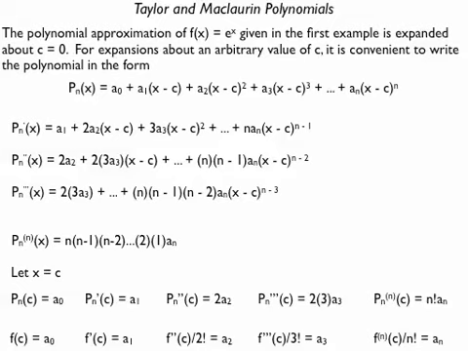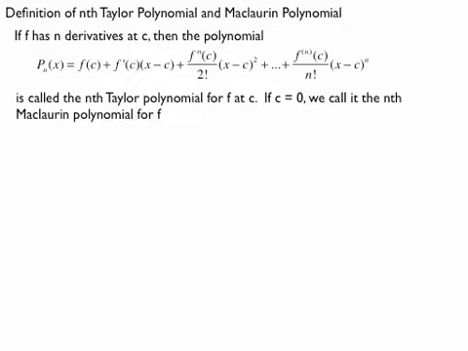Now I know this is probably really confusing, and I'll go over this a little bit more in class. It'll be better if I can see what questions you guys have. But for right now, here's what we need to know, and this really needs to be memorized.